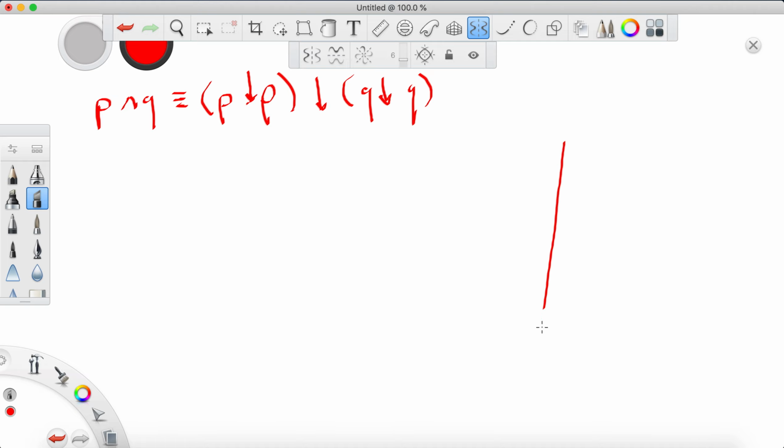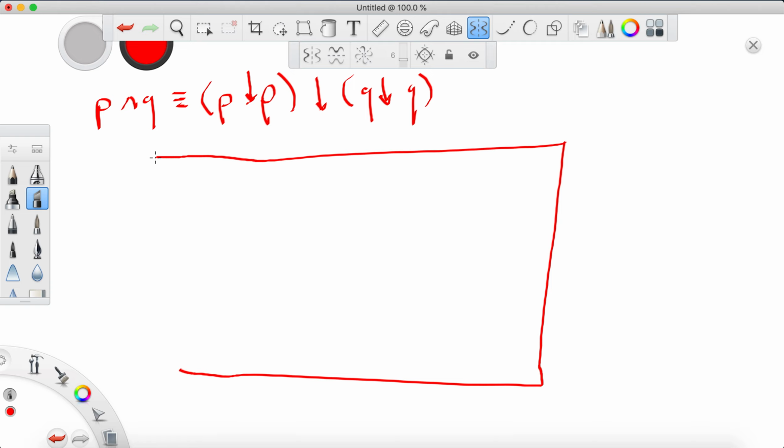But you know, us mathematicians, we like to find these strange identities.